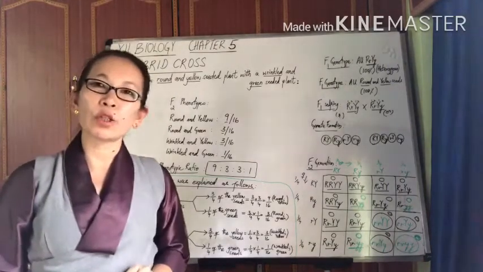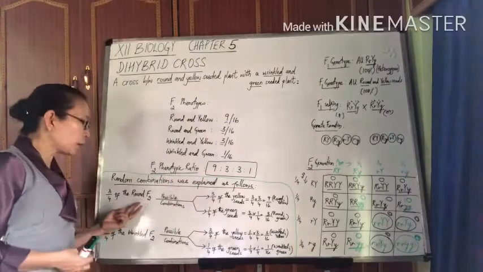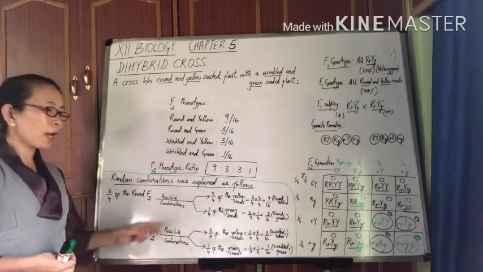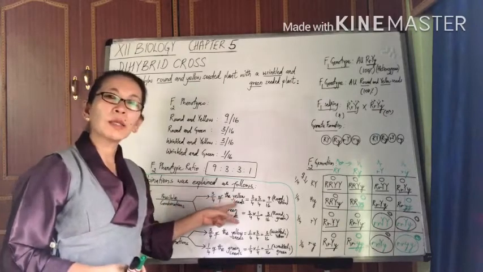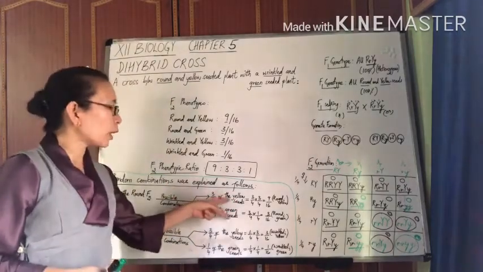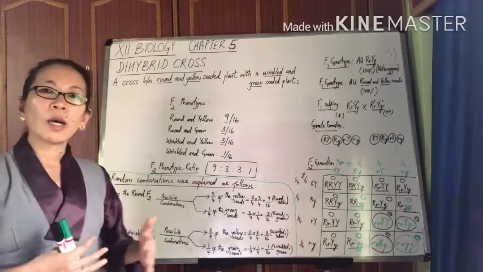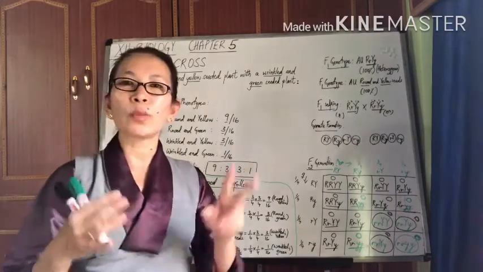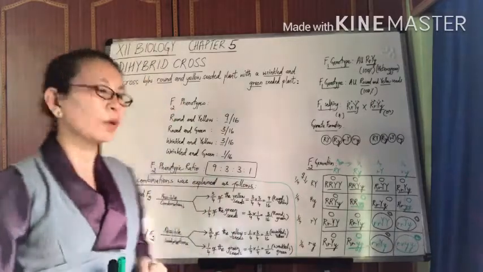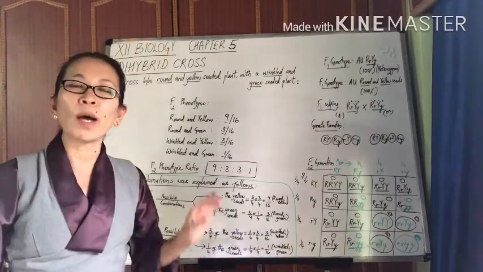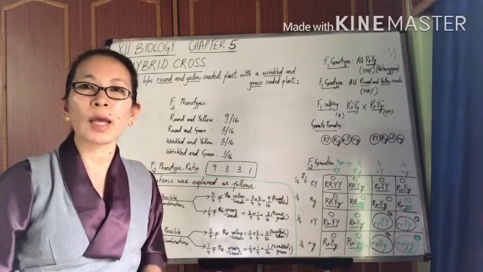independent 3:1 ratios. Here we have the 3:1 ratio of round and wrinkled seeds, and on this side the independent 3:1 ratio of yellow and green seeds. He said that because of the random combination of these two independent 3:1 ratios, it resulted in the 9:3:3:1 F2 phenotypic ratio in dihybrid crosses.